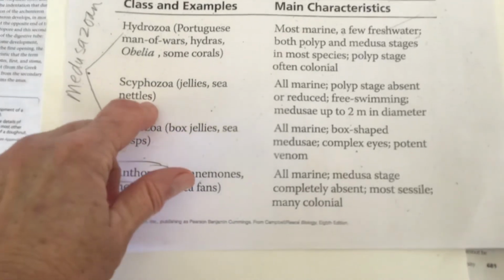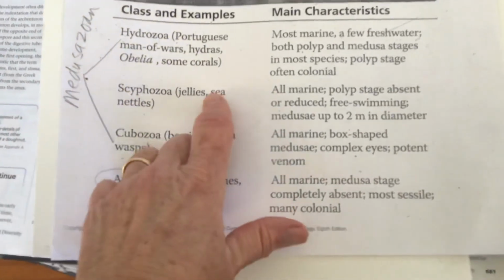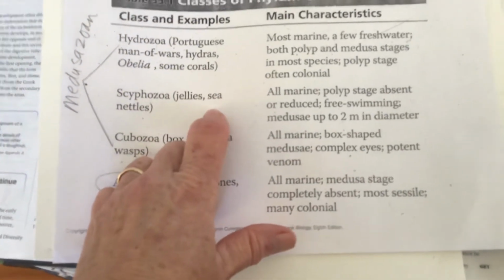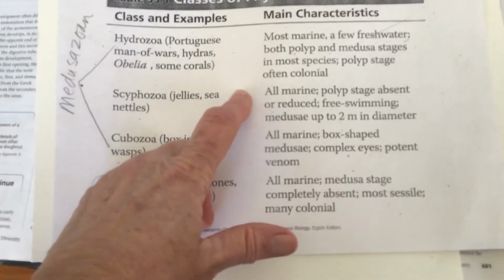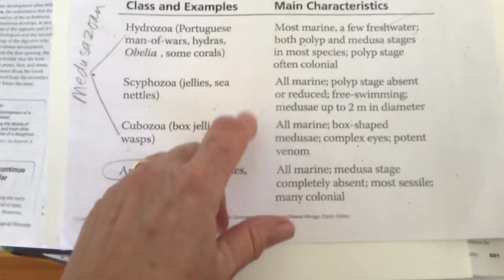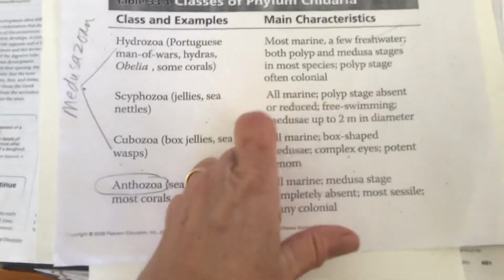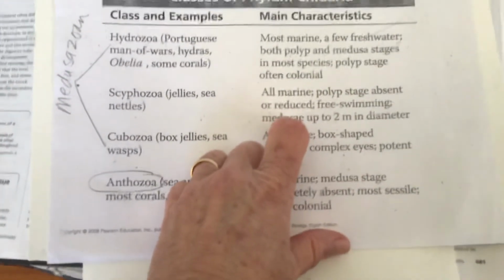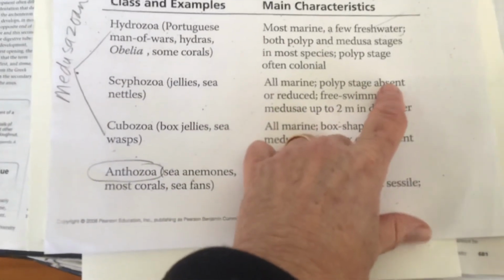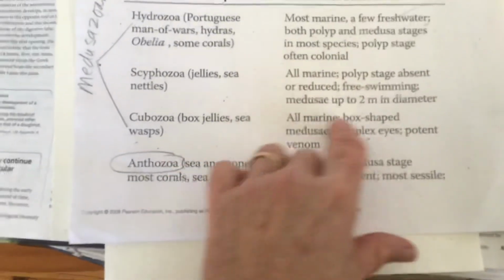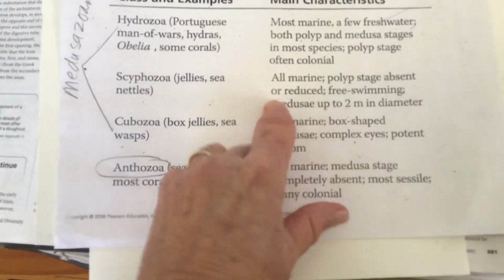The scyphozoa are jellies and sea nettles. These are the typical jellyfish that are not man-o-war that you might see around. And they mostly have the medusa stage. They have a polyp for a very short amount of time, or not at all in some species. And they will then float around, mostly in the medusa stage.